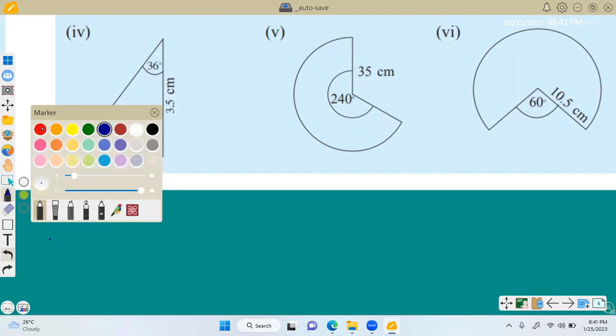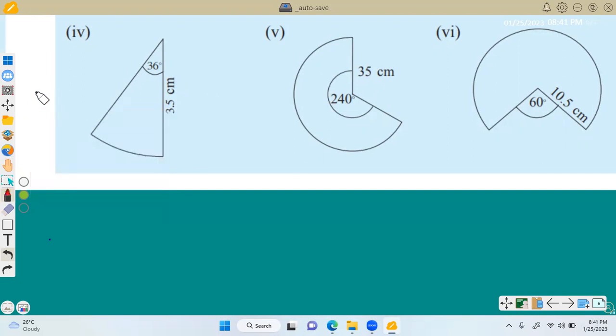When you have 3.5, 3.5 can be substituted by 7 upon 2. Always remember that in sector related questions, you can substitute the decimal number 3.5 by 7 upon 2.